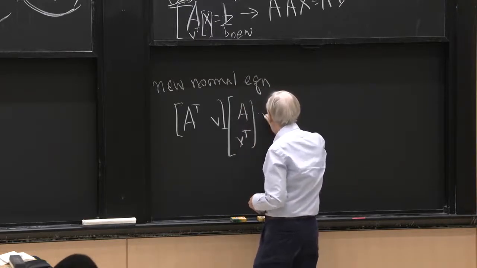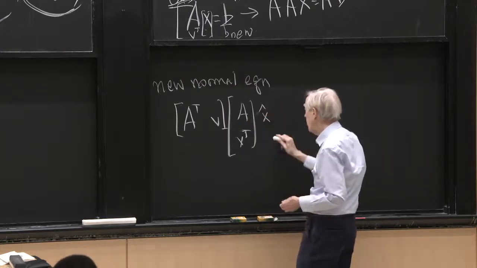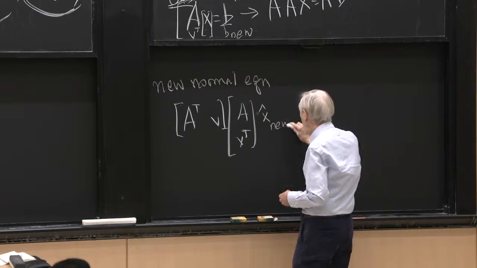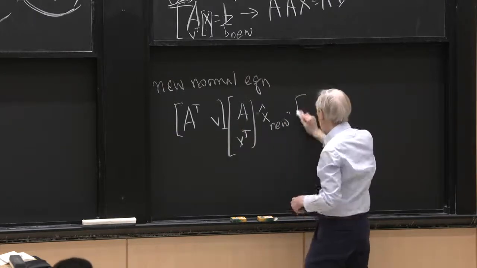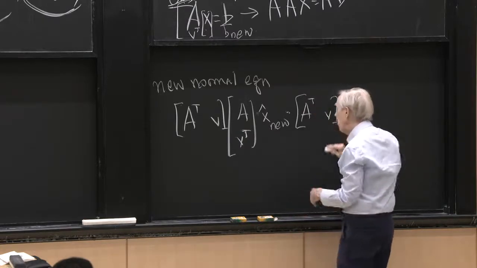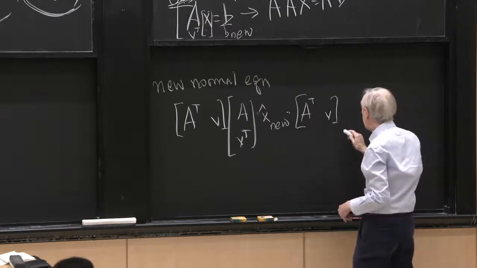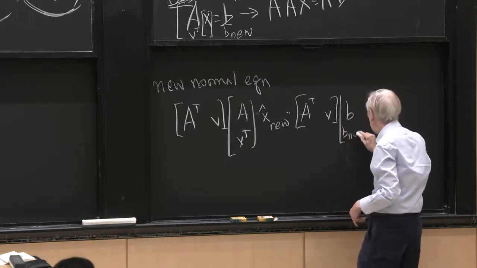This is my X hat, my least squares answer, new. And A transpose is this. A transpose with the new column times B. So B and B new.